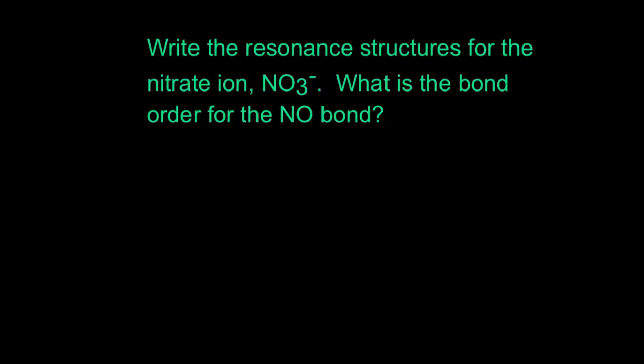Okay, so we're going to start by drawing our Lewis dot structure, and hopefully you guys have gotten a little bit of practice drawing Lewis dot structures, but briefly, we count the number of valence electrons. And remember previously, if you look at the periodic table, nitrogen has 5 valence electrons, and oxygen has 6 valence electrons.